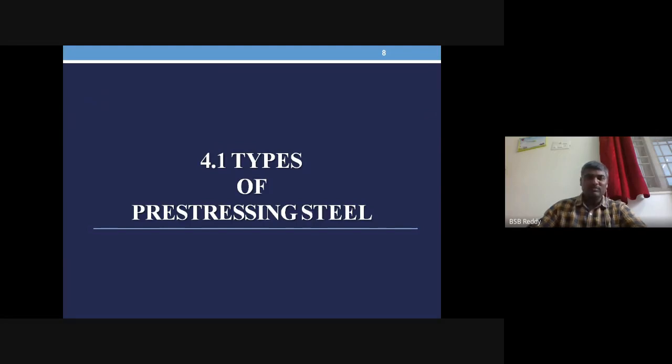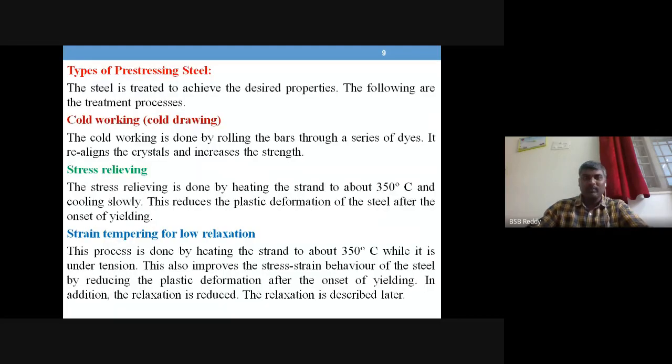Then, what types of pre-stressing steels are available? The steel is treated to achieve the desired properties. The treatment processes are different for different types of steels. One such treatment process is cold drawing or cold working.